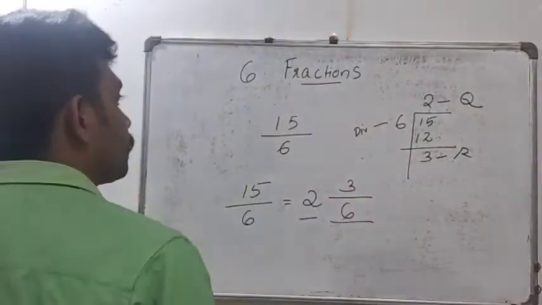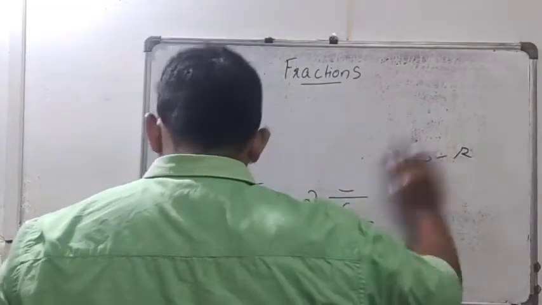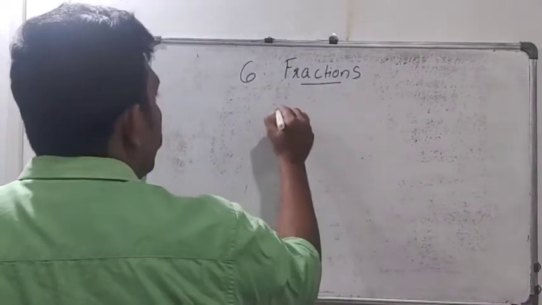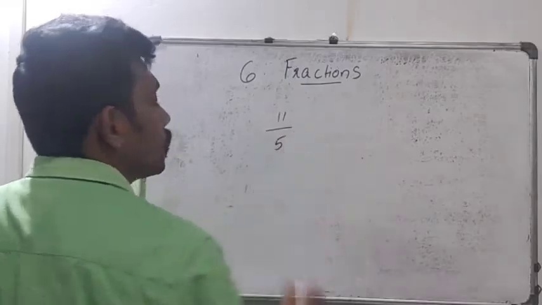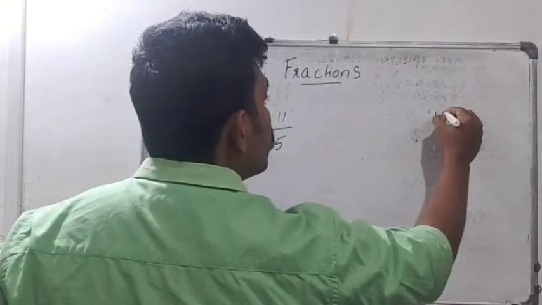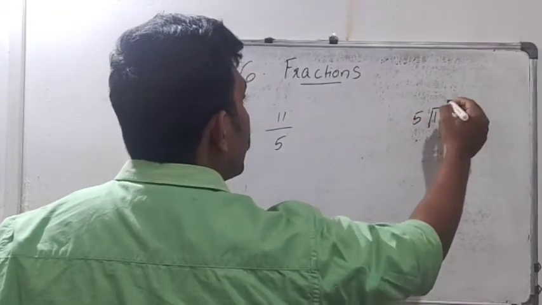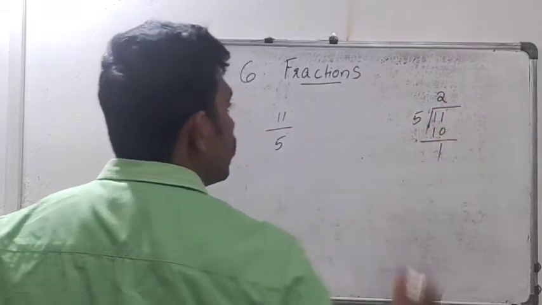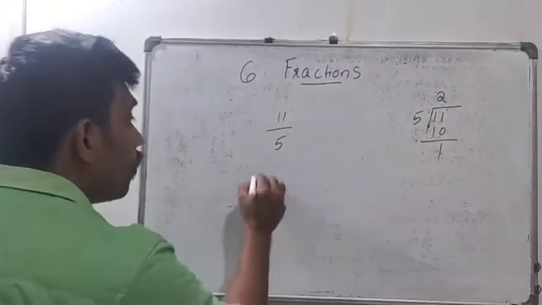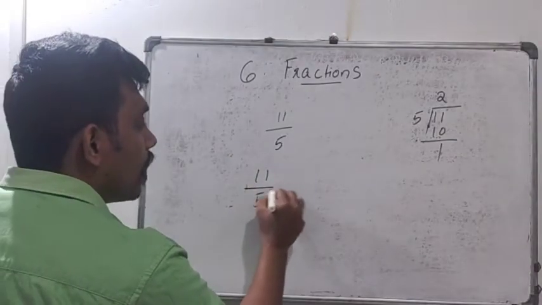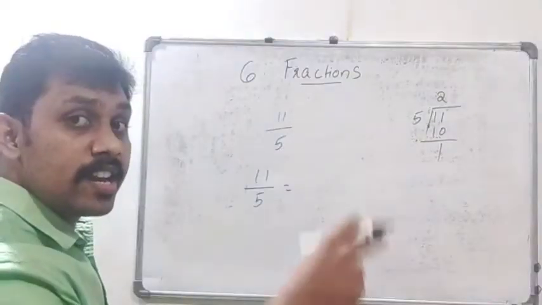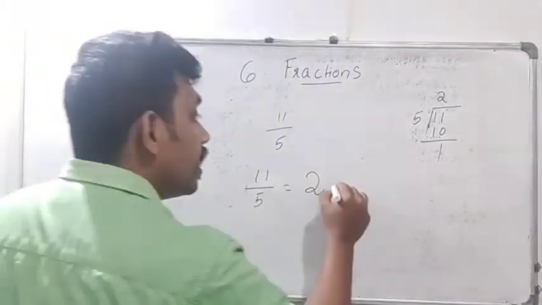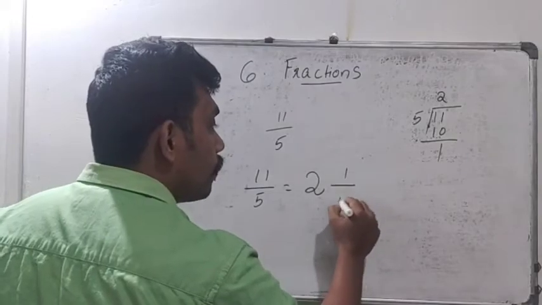Let's do another example. 11 by 5. Here also I am going to divide 11 by 5, 2 times. 5 twos are 10, so here we have the remainder 1. So we can write 11 by 5 as: write the quotient as the whole number 2, then 1 by 5.